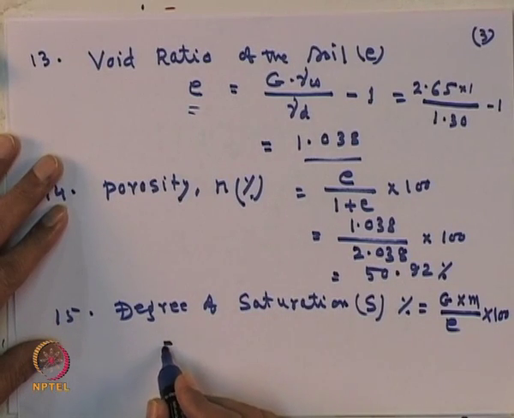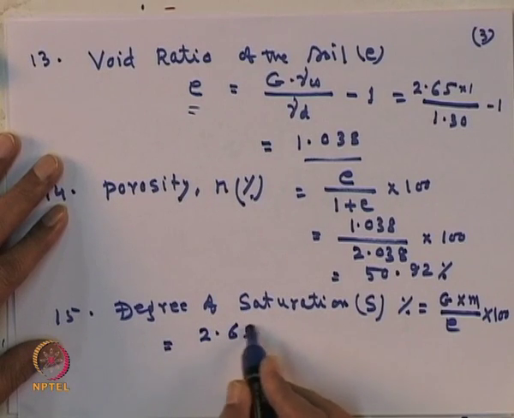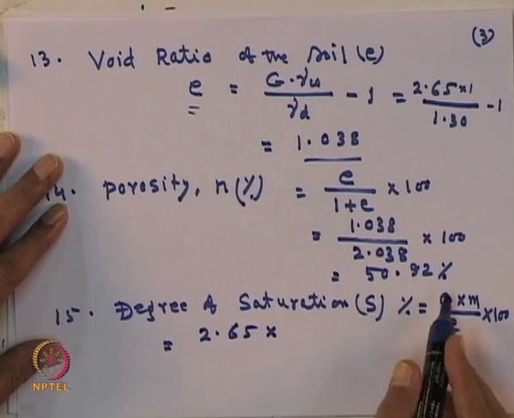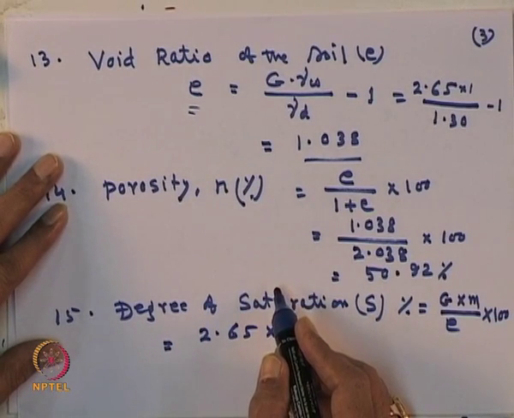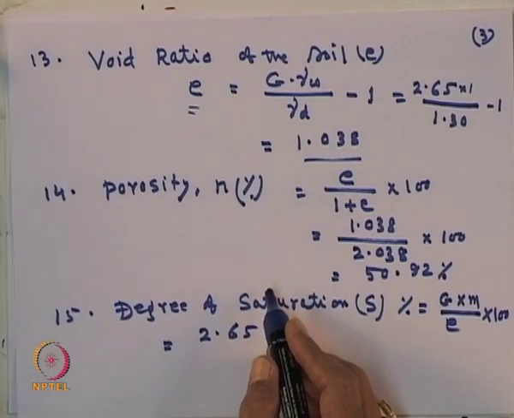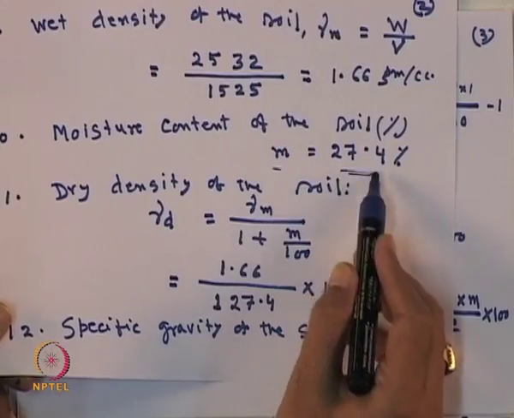We know G is 2.65 and M we have already calculated earlier, that is 27.4.